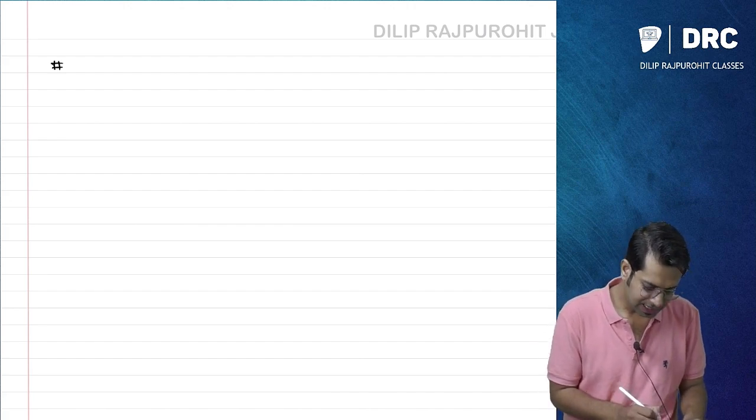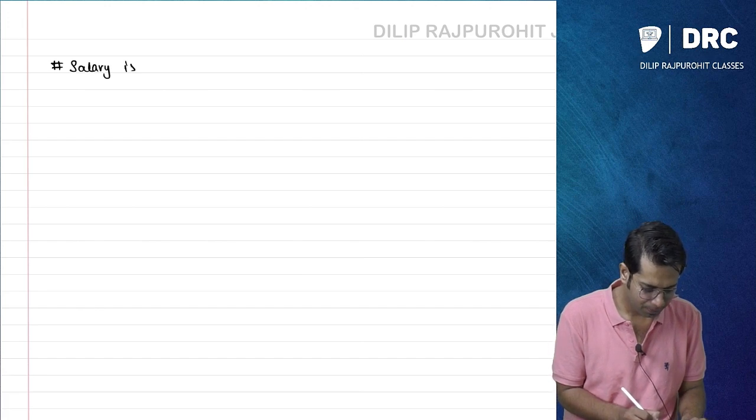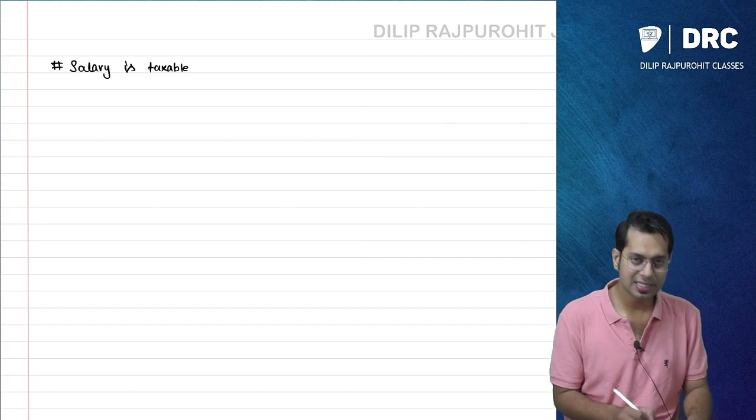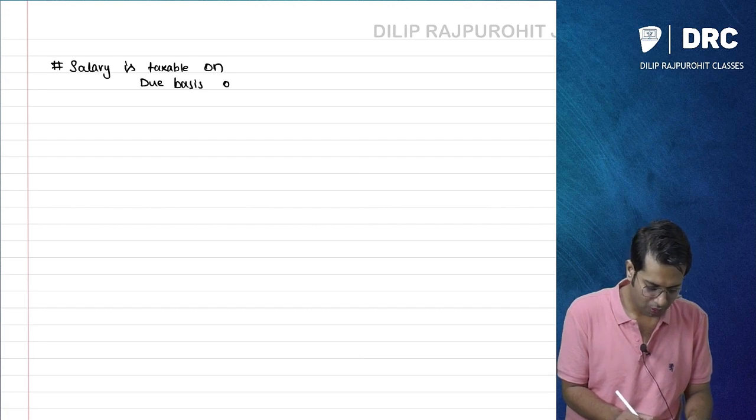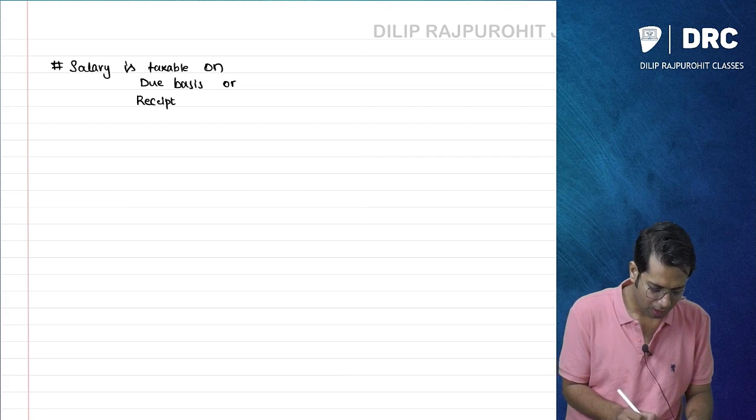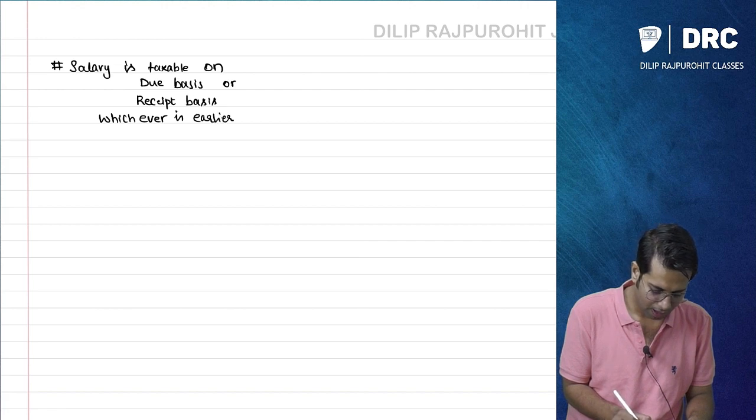Now, the charging section says salary is taxable on due basis or on receipt basis, whichever is earlier.